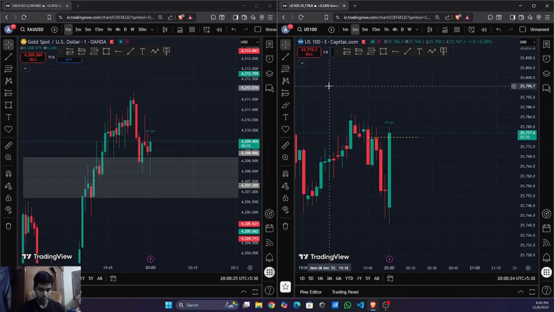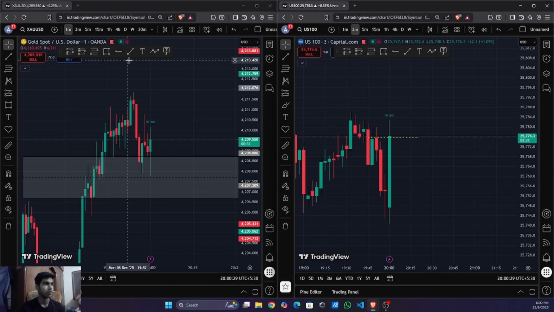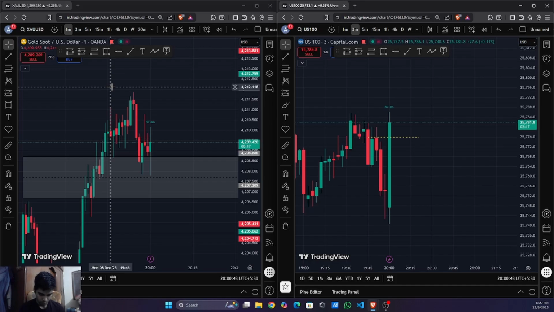Okay, JPY is also looking good. AUD is also looking good. Nope, it's reversing. Okay, and NQ. Okay, so I'm in gold and NQ.